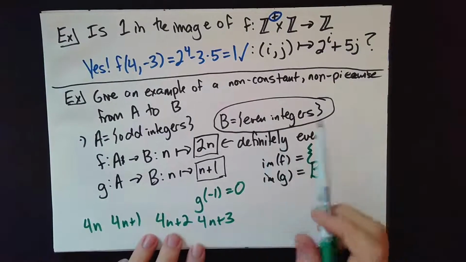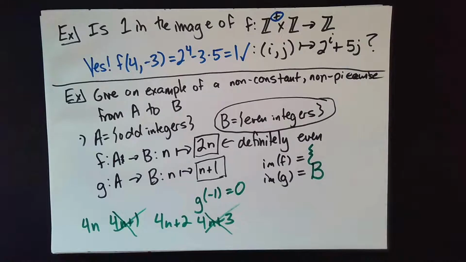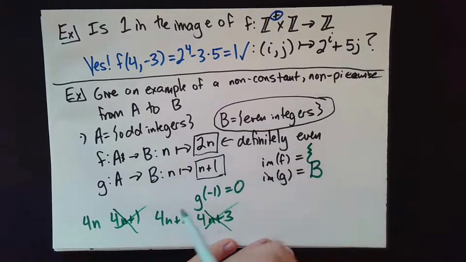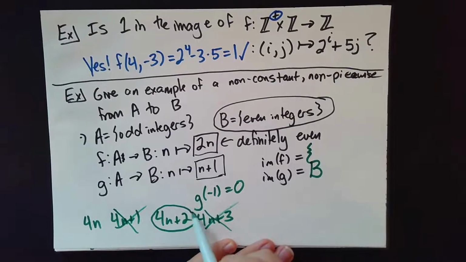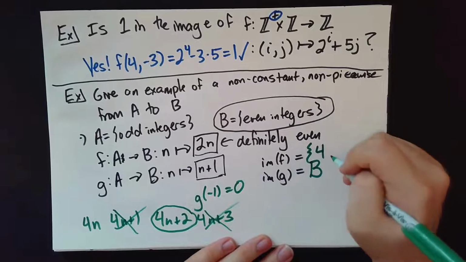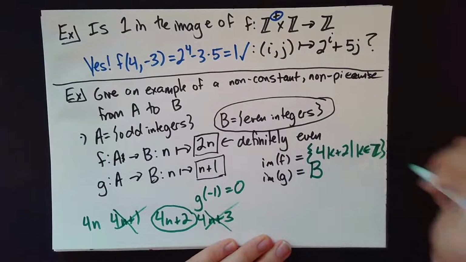If I'm looking at even integers, it's definitely not in one of those 2 buckets. But if I just look at enough outputs, I pretty quickly stumble upon the fact that all of the outputs live in this bucket. So this is the set of 4k plus 2, where k is in Z.